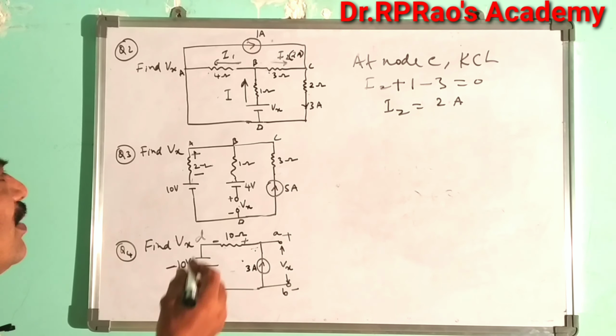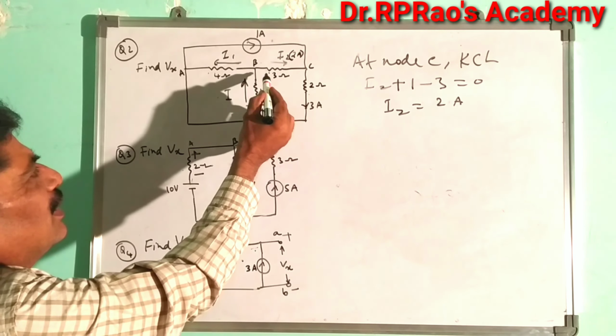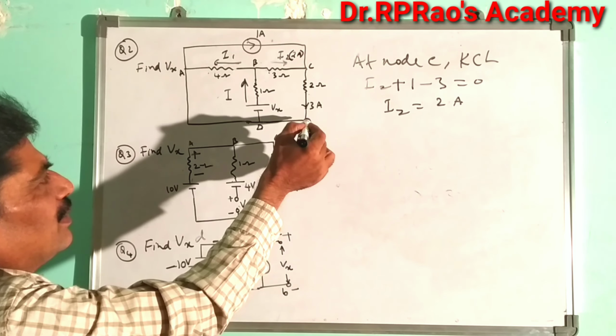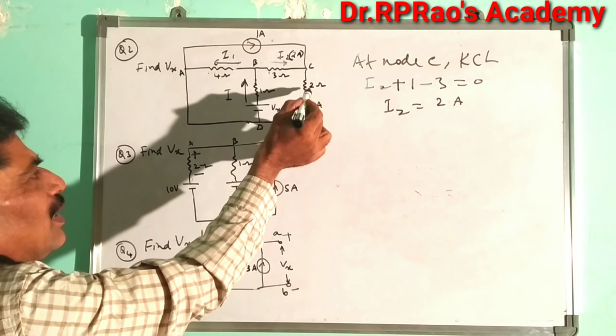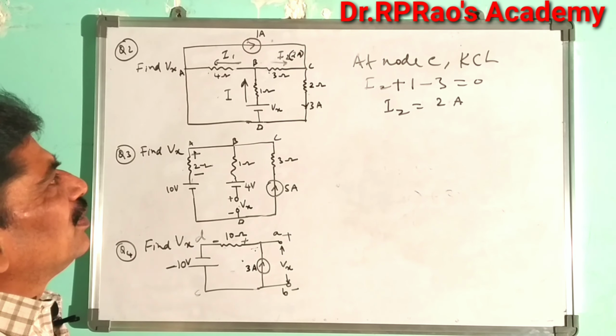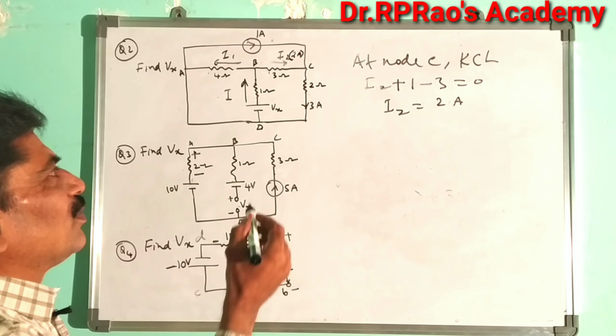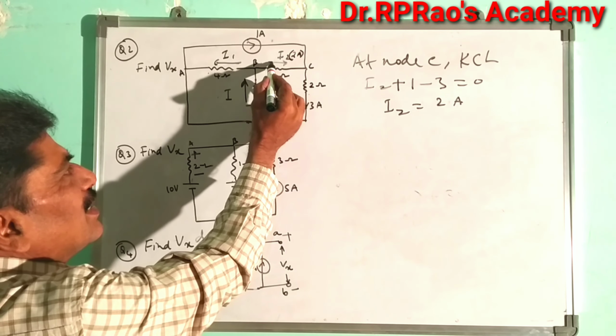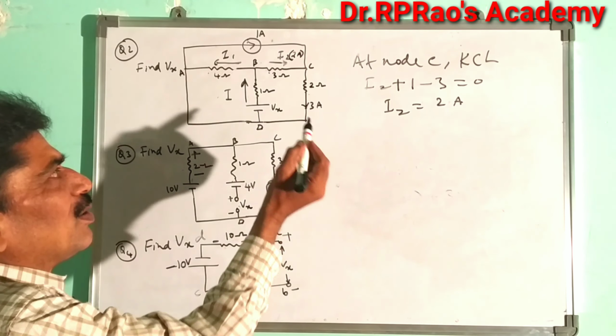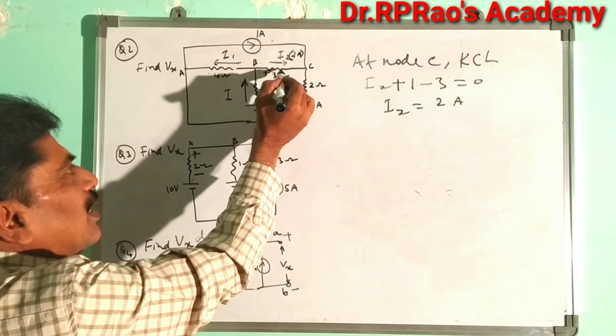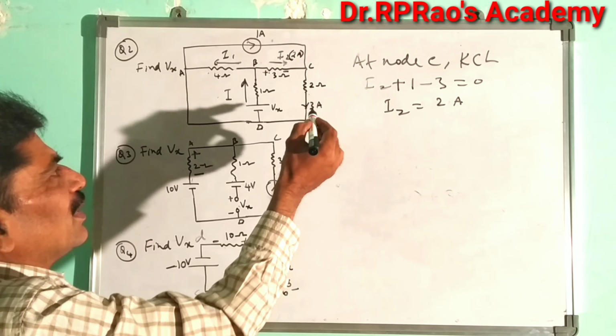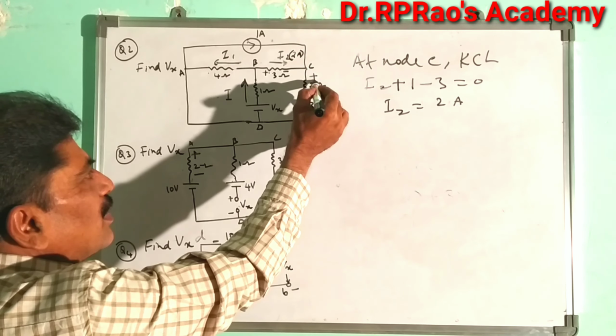Now how to find out I1? We know this branch current, so these voltage drops can be known. Let us find the polarities here. Since current is entering, this is an energy absorbing element, so it should be positive and it should be negative. Here also it is entering, so it's positive and it is negative. Why?